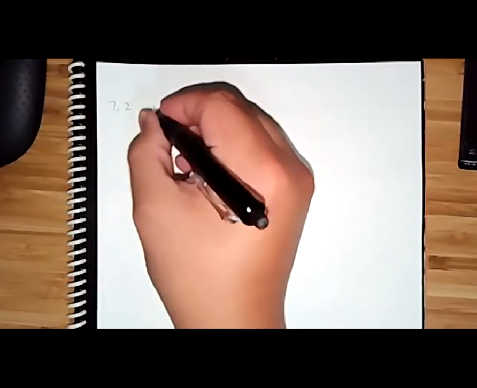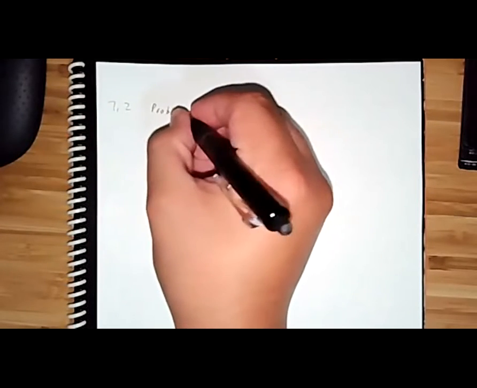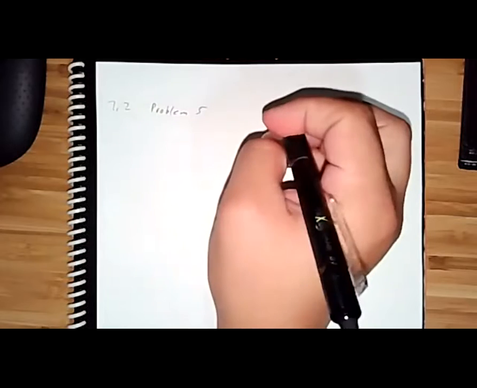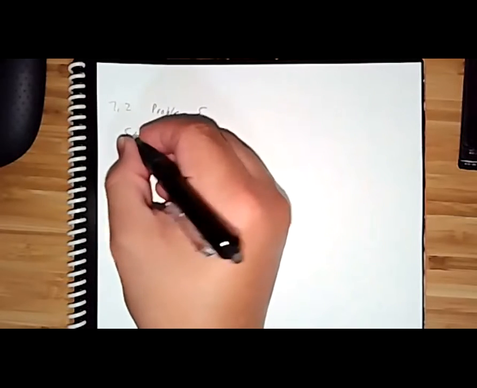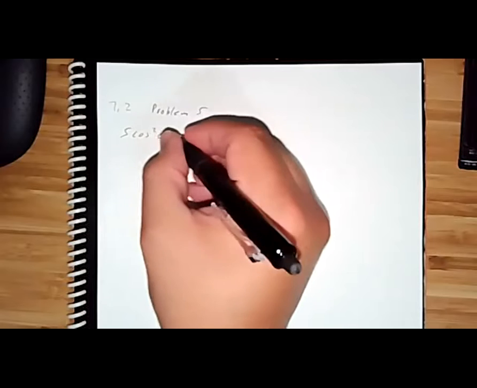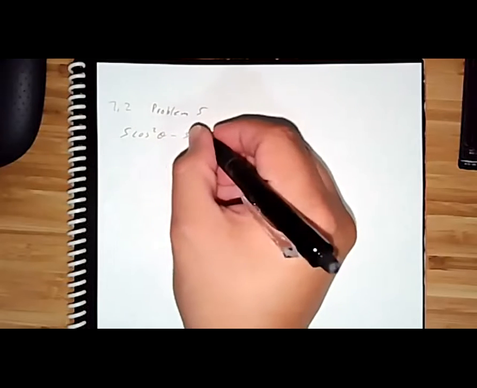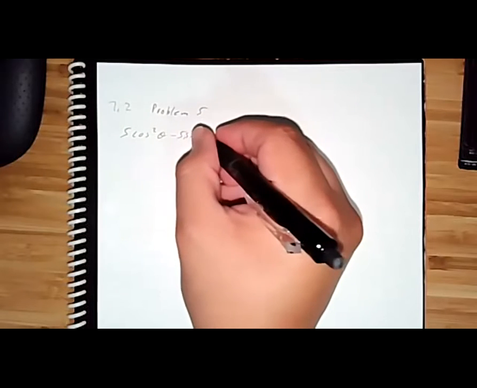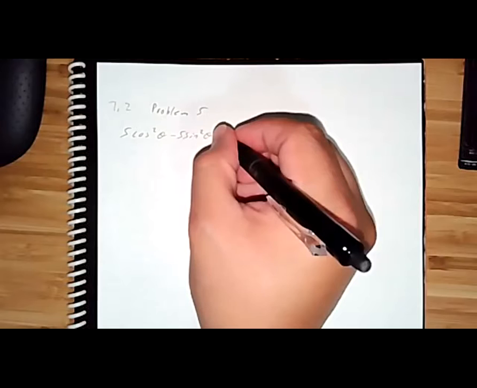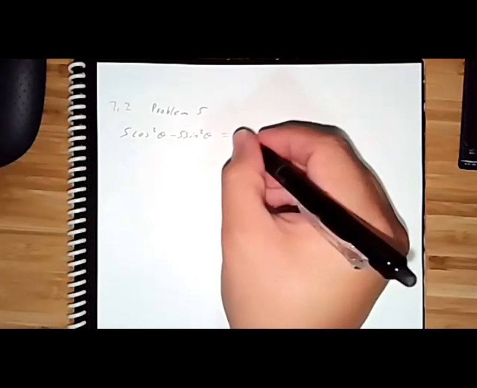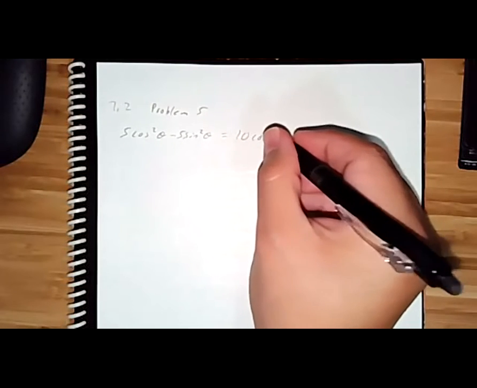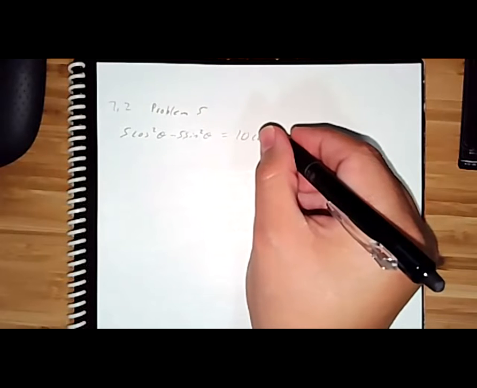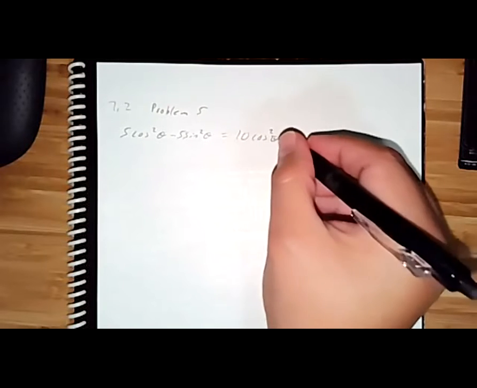Basically, what it wanted me to do was verify the identity of 5 cosine squared beta minus sine squared beta minus 5 sine squared beta equals 10 cosine squared beta minus 5.